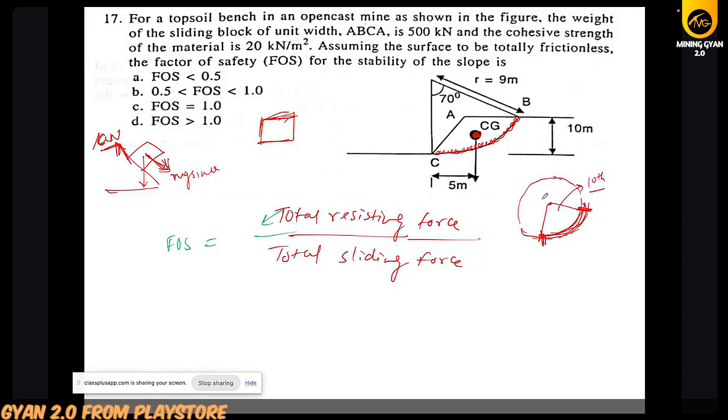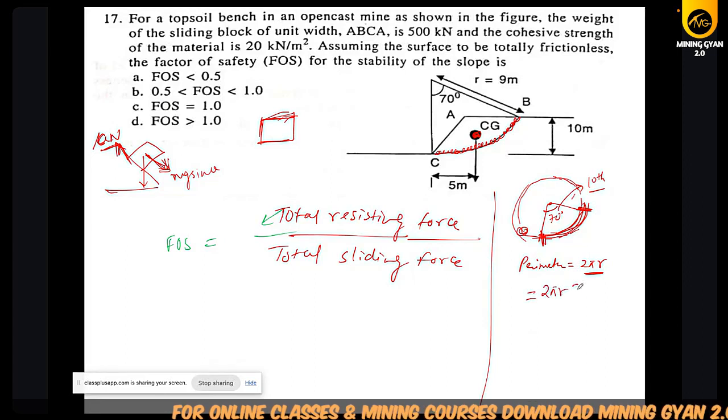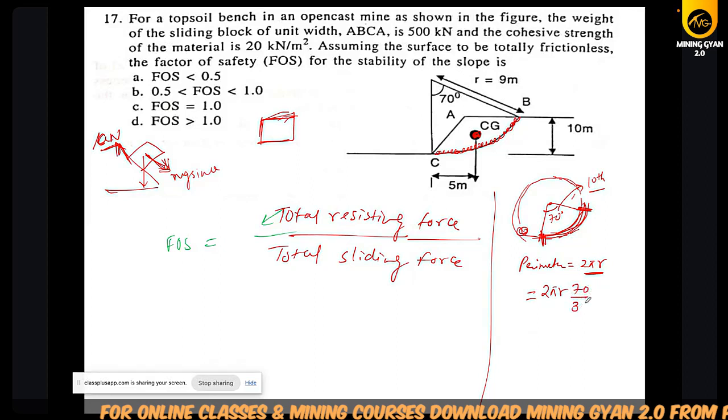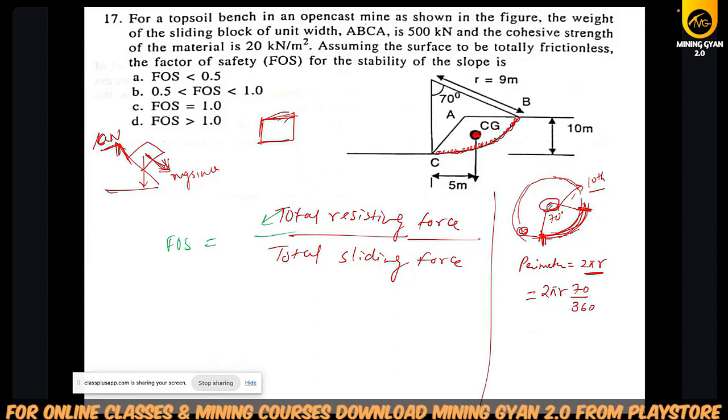If the perimeter of this is 2 pi r, and we just want the 70-degree portion, then for 70 degrees the arc length is 2 pi r times 70 divided by 360, because the total angle is 360 and we just want 70 degrees.